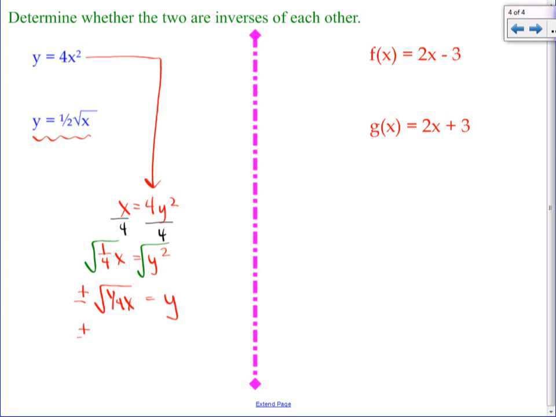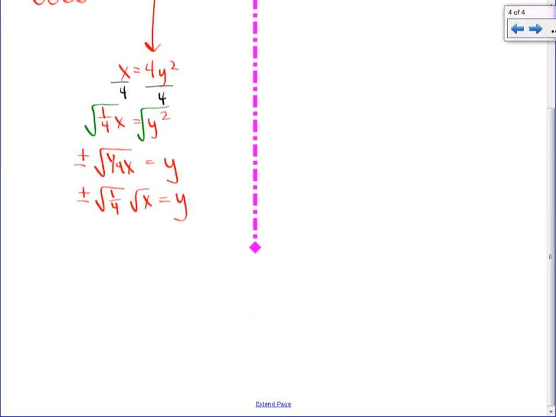This is the same thing as the square root of 1/4 times the square root of x equals y. Okay, I just separated them out, two separate roots. What's the square root of 1? What's the square root of 4? 2, right? So 1/2. So this right here, plus or minus 1/2 the square root of x equals y.